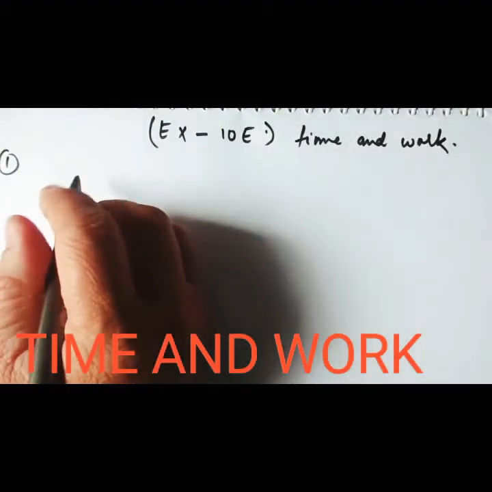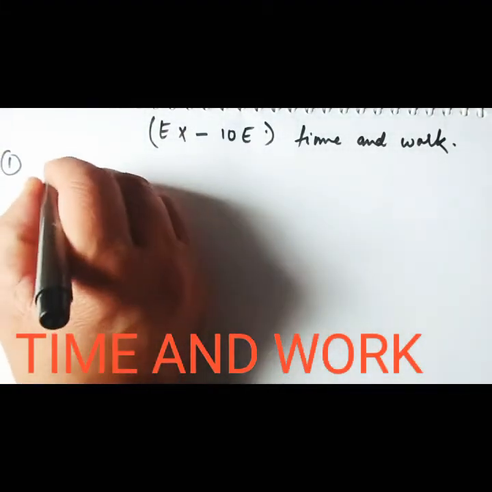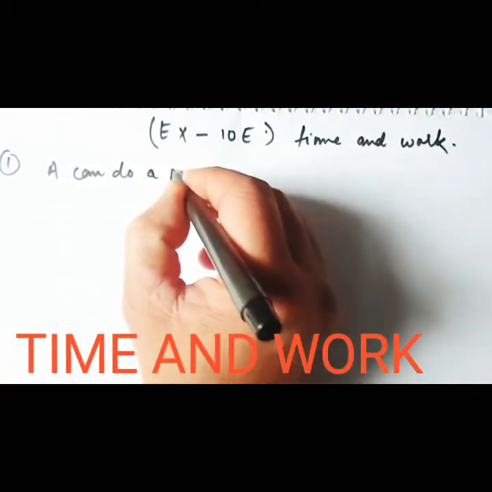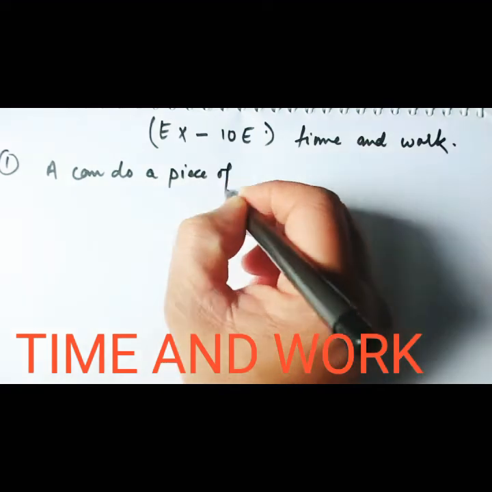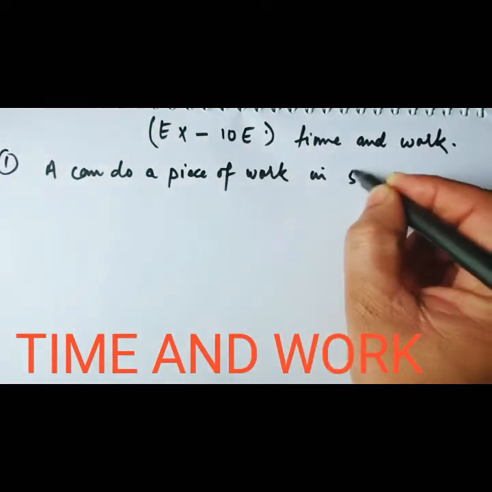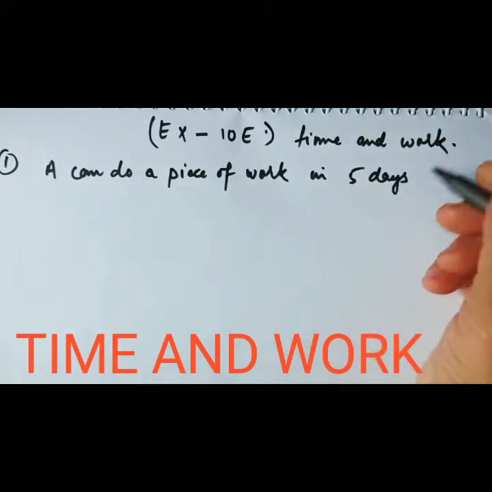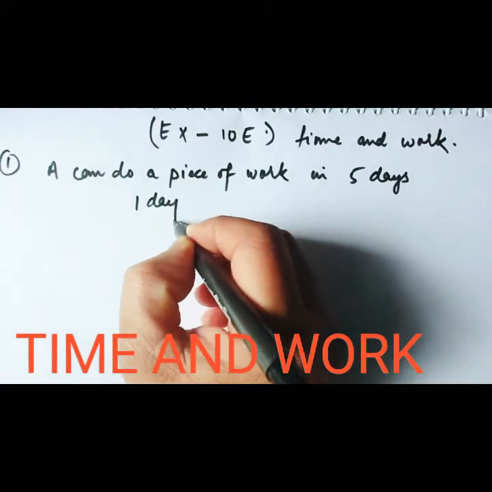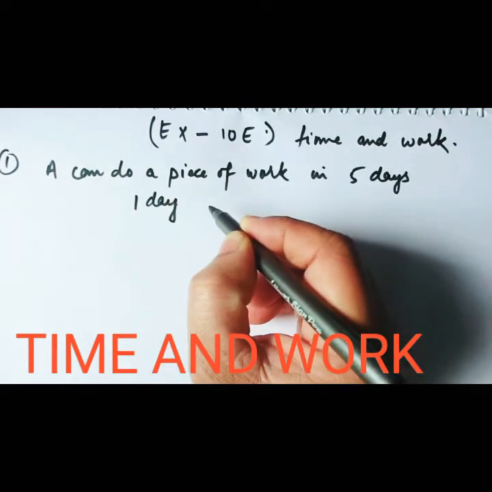For example, if A can do a piece of work in 5 days, so 1 day work will be how much? Means in 1 day, how much work can be done?